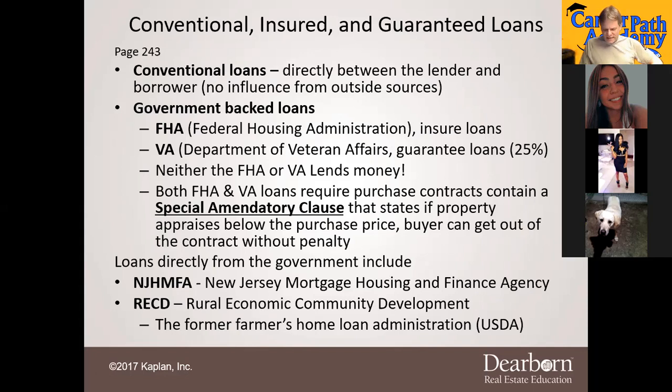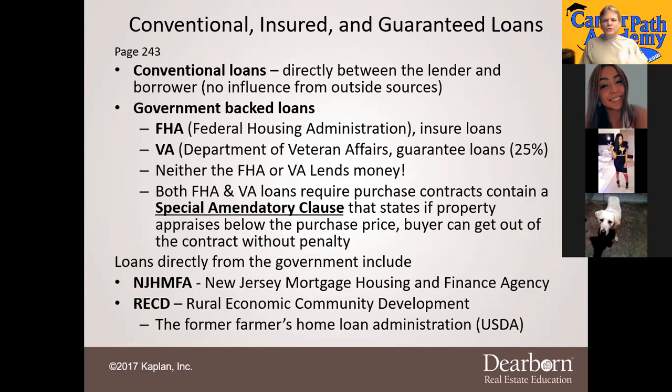And then after that, it says, with both types, the actual loan comes from the lending institution. So in English, at the end of the line, write neither lends money. FHA and VA do not lend money. The local lending institution does.